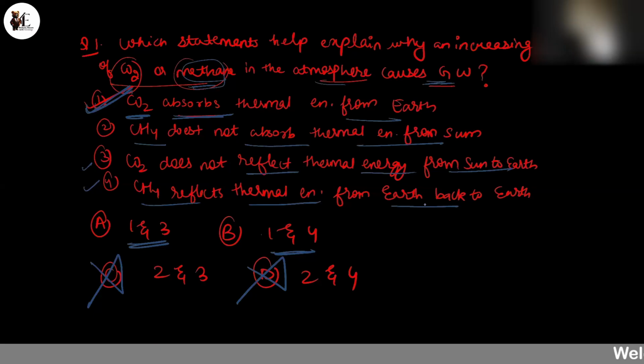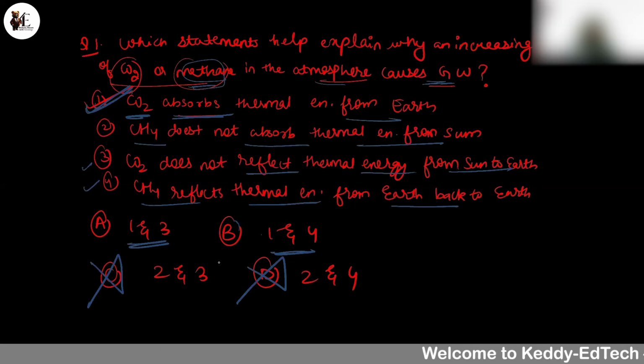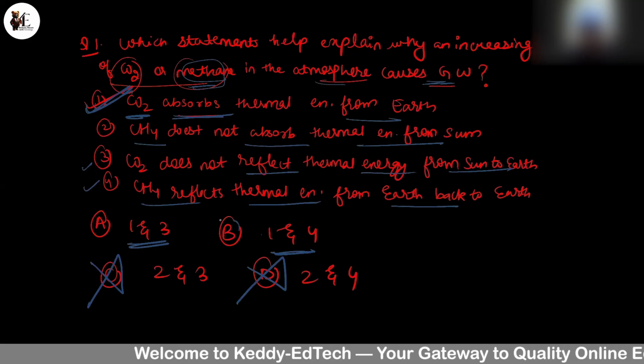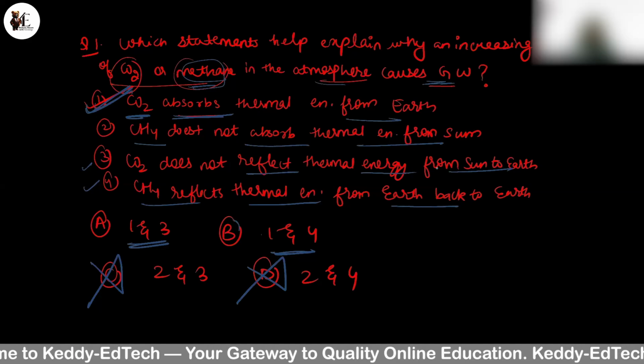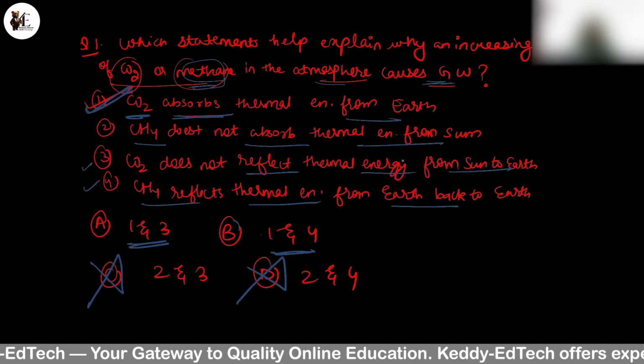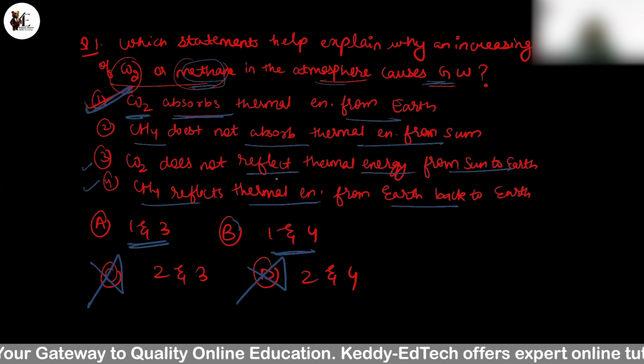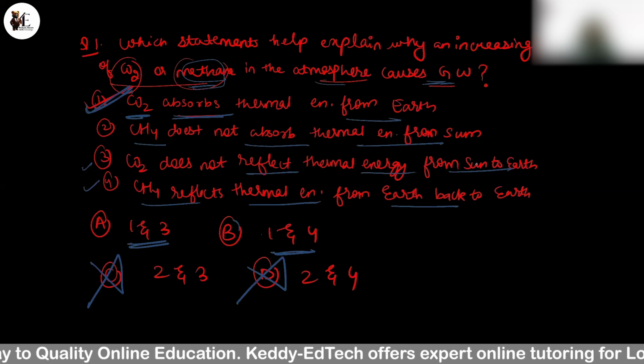I think the answer is B, ma'am. What do you think? You are saying that carbon dioxide does not reflect thermal energy from sun to earth, but it reflects. Carbon dioxide reflects thermal energy from the sun to the earth.